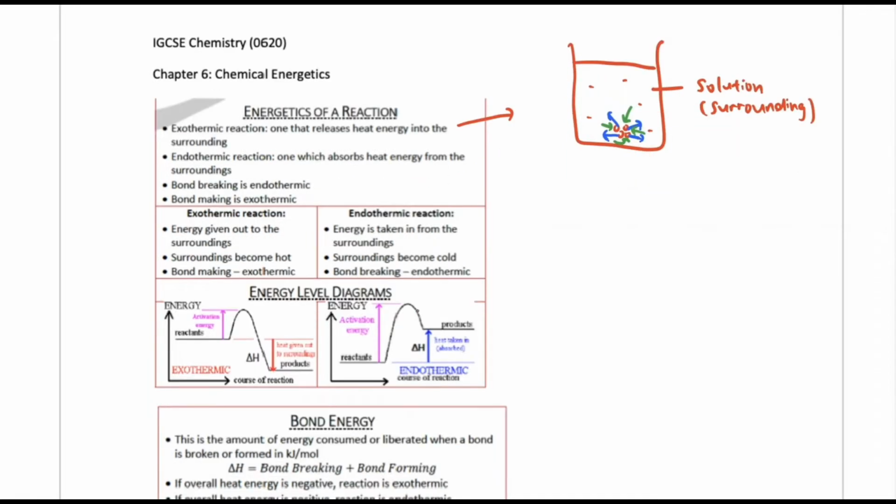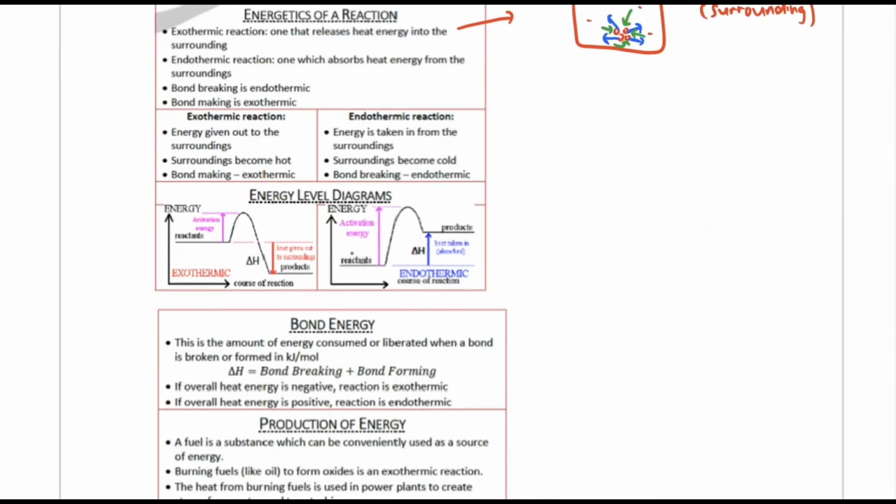Then we can see the difference in terms of the energy level diagrams. The energy level diagram is energy versus course of reaction. The course of reaction is something like the progress of reaction, something like time.